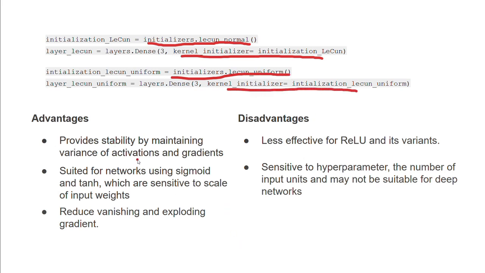What are the advantages? Same as previous, it provides stability by maintaining the variance of activations and gradients, suited for networks using sigmoid and tanh, and not for ReLU, which is sensitive to the scale of input weights.